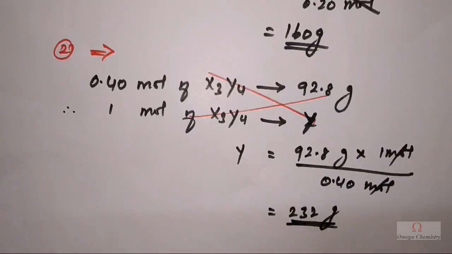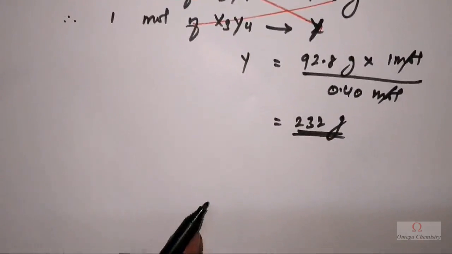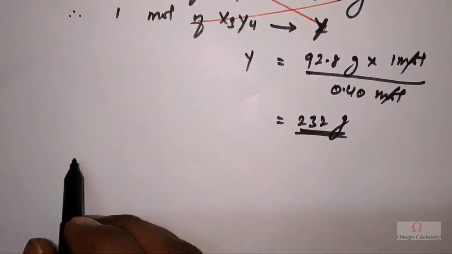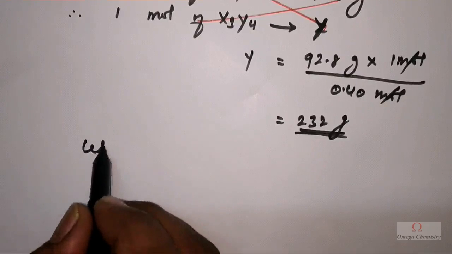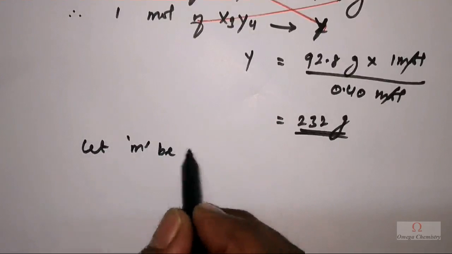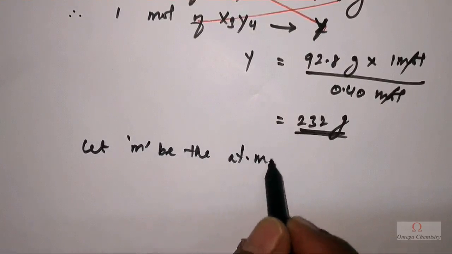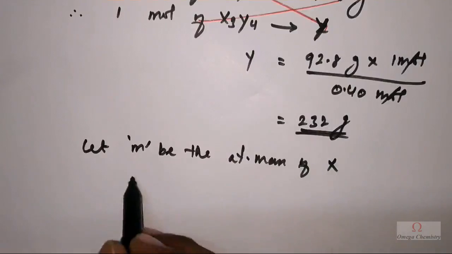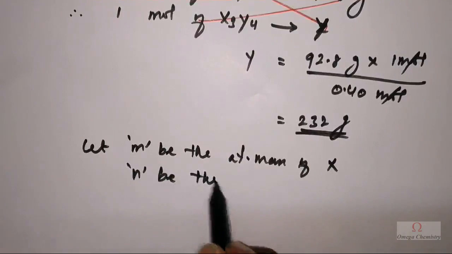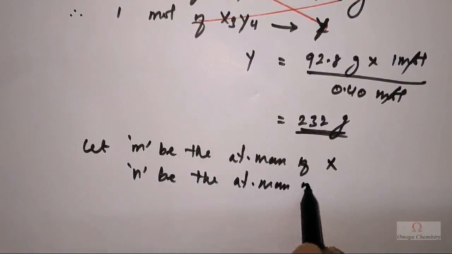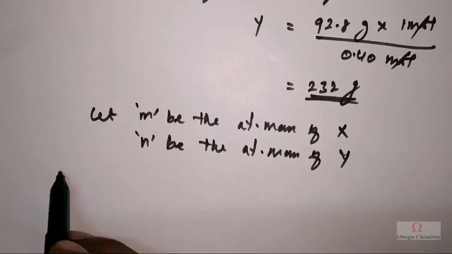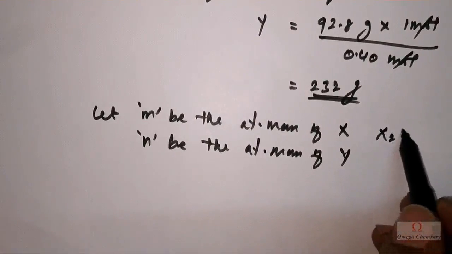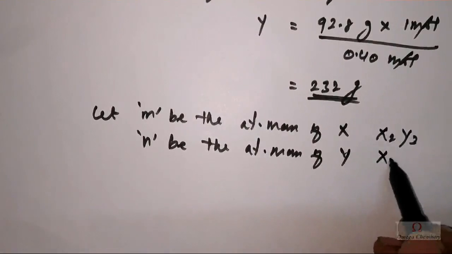Okay, fine. Now what I am going to do is call the atomic mass of X as M and Y as N. So let M be the atomic mass of X and N be the atomic mass of Y. Since I have X2Y3, I know two compounds are given, X2Y3 and X3Y4.